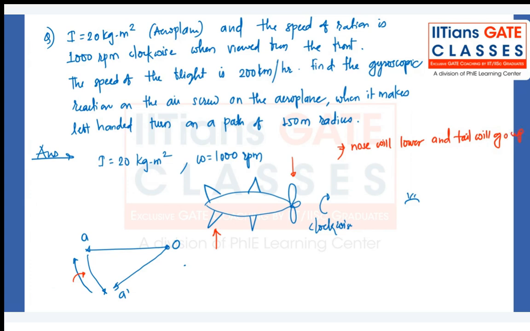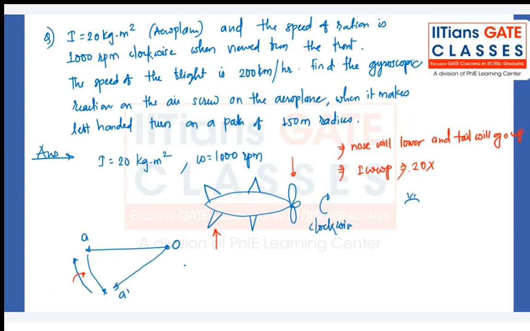Second thing we can conclude here is the gyroscopic couple, I omega omega p. The value of I is given as 20.